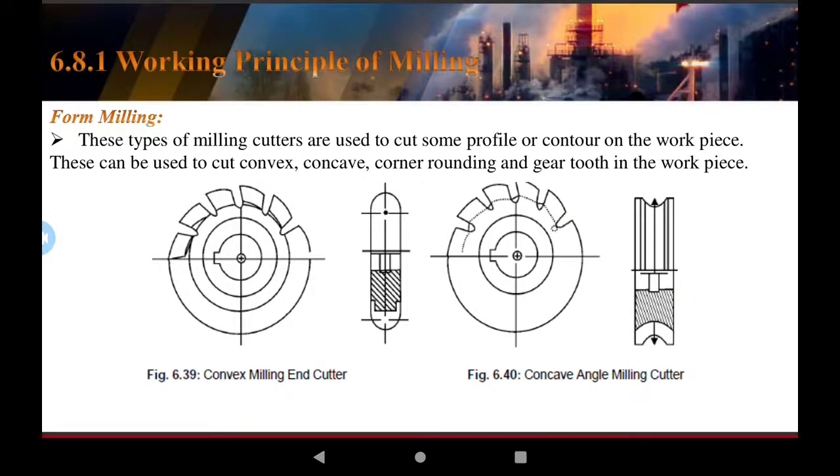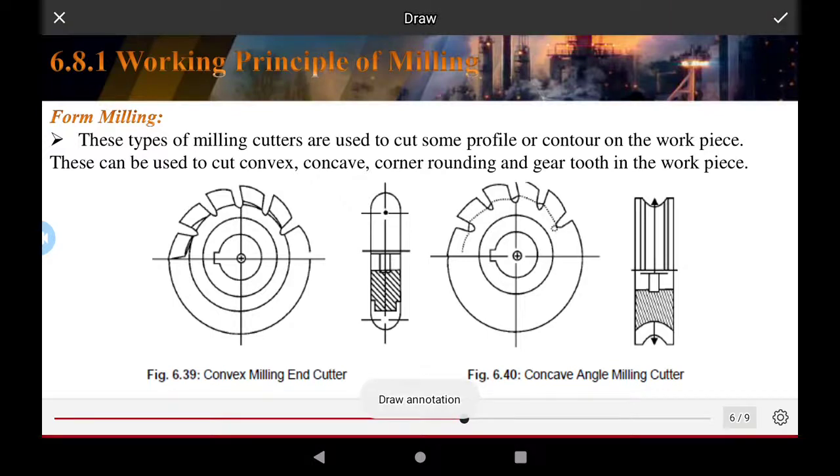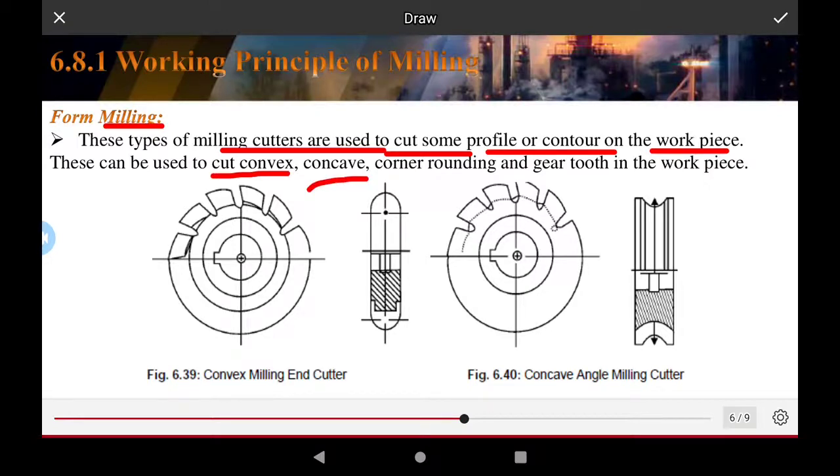The working principle of the machine continues: form milling. These types of milling cutters are used to cut some profiles of the contour on the workpiece. They are used for convex and concave shapes and for rounding corners, and for gears in the workpiece.